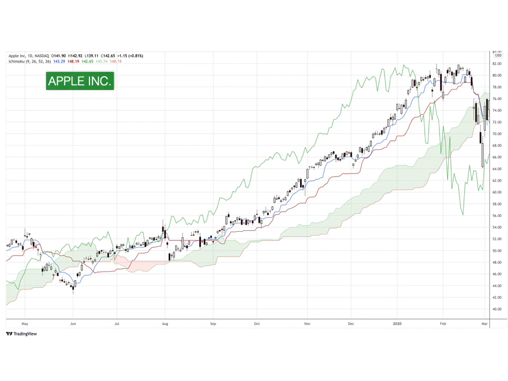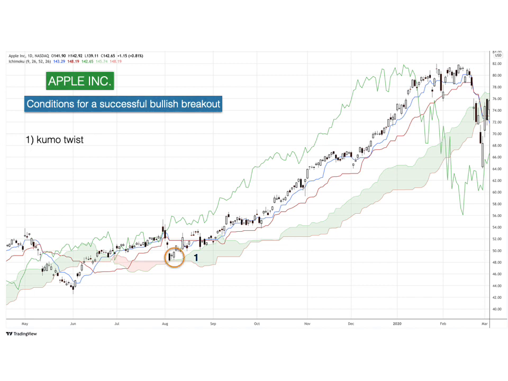In this price chart of Apple, we see all of these Ichimoku elements agreeing to the bullish sentiment for the stock. The conditions shown in this chart should be met in order to ensure a successful bullish breakout. First, there was a bullish Kumo twist. Second, there was a Kumo breakout.